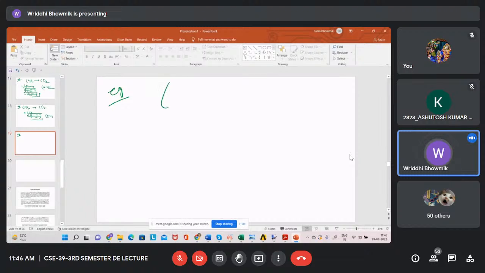Now the example is a little bit different. 0.6875 base 10 to the binary. How to convert it? Now here the situation is totally different. The situation is different means here you cannot do the division. What you have to do, the procedure is something like this: 0.6875, then this quantity will be multiplied by 2.